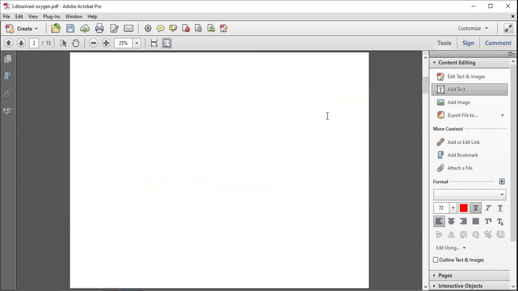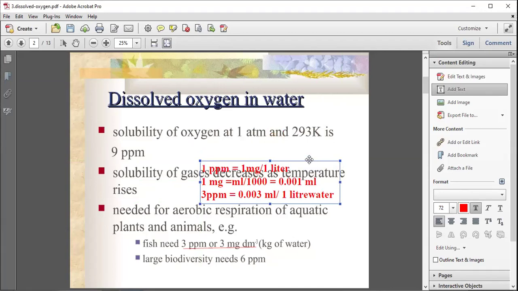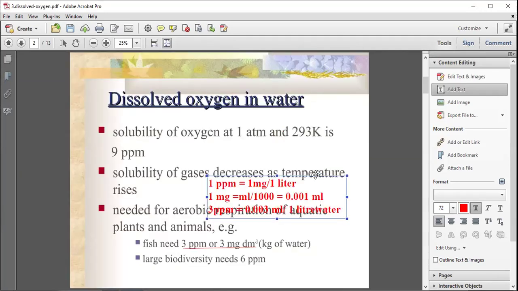Okay, no problem. So this is a simple unit calculation, and you have to memorize that. What's the meaning of 1 ppm? 1 ppm is equal to 1 milligram per liter. 1 milligram is equal to 1 milliliter per thousand, so 0.001 milliliter.